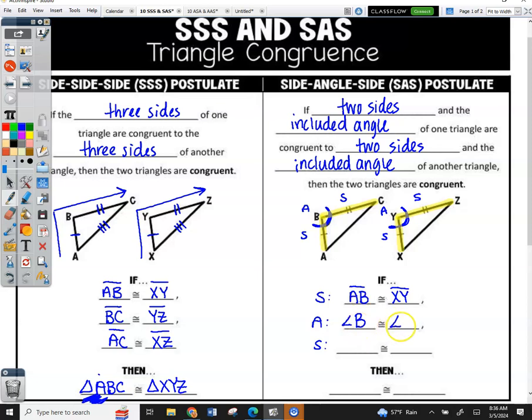B and Y. And then side BC is congruent to side YZ. So therefore, the 2 triangles must be congruent. If I call it triangle ABC, I would have to call the other one XYZ.